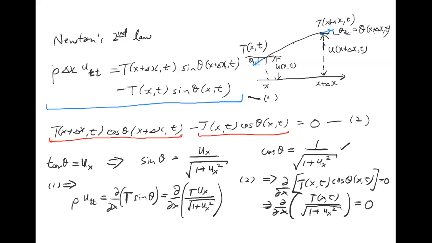So now focus on this one. The partial derivative with respect to x of this combination, this whole thing being 0. So this whole thing has to be a function of time only. Let me turn to the next page. So I will have the partial with respect to x of T over the square root of 1 plus u sub x squared, and this has to be 0, and so it implies that T over the square root of 1 plus u sub x squared equals some function of t.